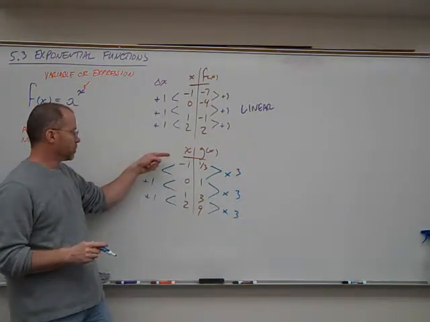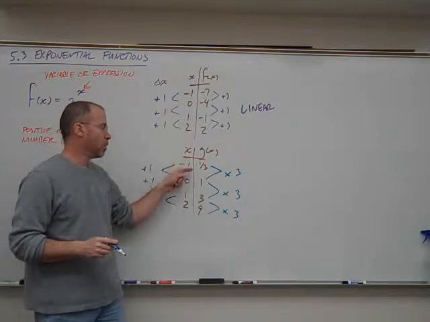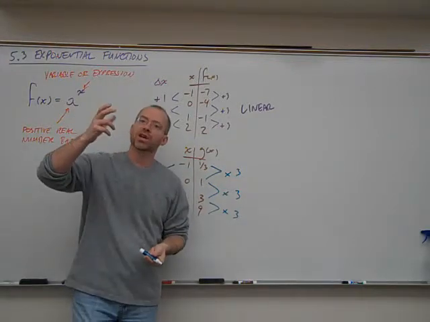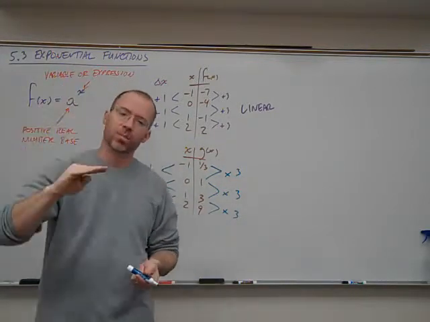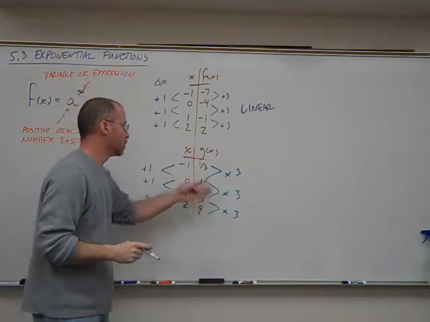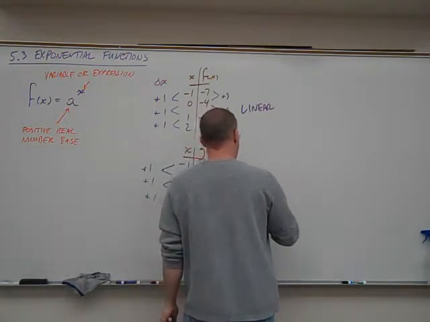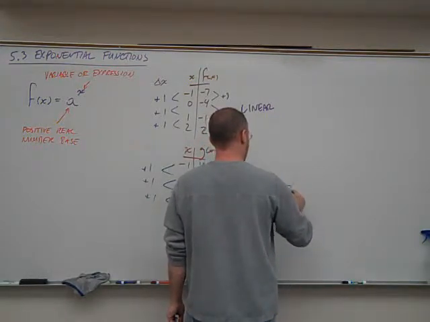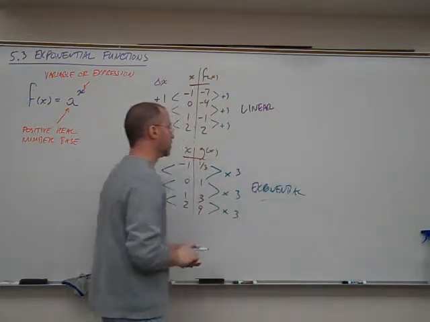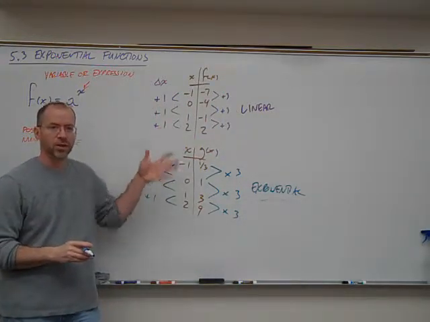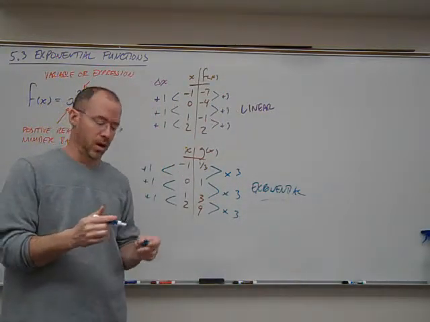As long as the inputs are equally spaced and the outputs have equal ratios, not differences, so you're multiplying by the same number to get to the next output, even if it was fractional, that's characteristic of exponential. So you'll see some problems like that where you look at tables and just see whether they're linear or exponential or neither.